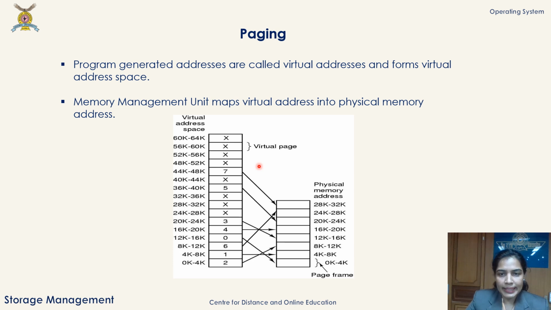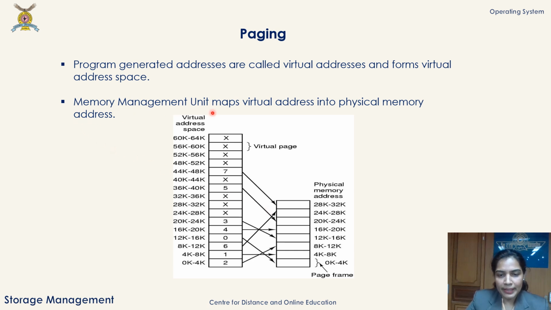If the related page frame exists in the memory, the physical address will be found and there will be no page fault. But if the related page frame does not exist in the memory, the page fault will occur. That means the related page does not exist in the memory, it is on the disk.